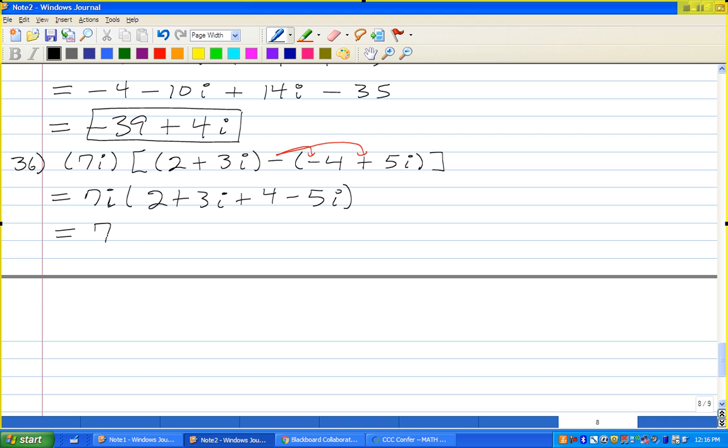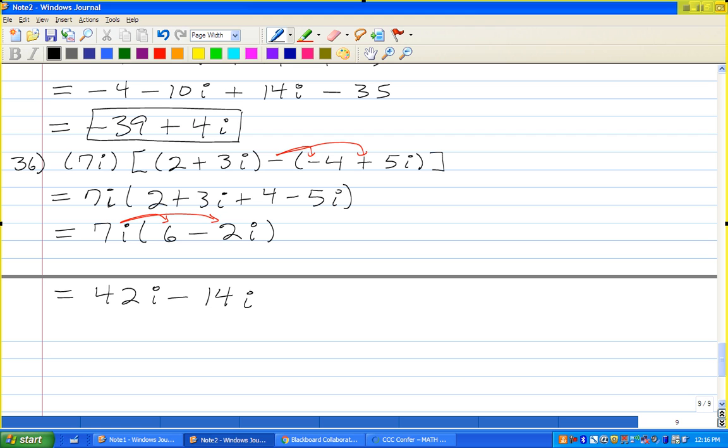And so I get 7i times 2 plus 4 is 6. 3i minus 5i is a negative 2i. And now let me multiply the 7i inside the parentheses. And so I get 7 times 6, 42i. Positive times negative is negative. 7 times 2 is 14. i times i is i squared.